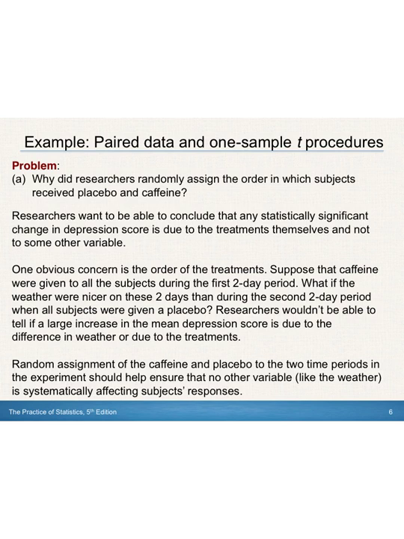What if the weather was nicer on those 2 days than during the second 2 days? Or there were other factors that could occur. The researchers wouldn't be able to tell if the depression was due to the weather or something else. And so by randomly deciding what days the different subjects had the placebo or the caffeine, it allows us to mitigate those other factors.